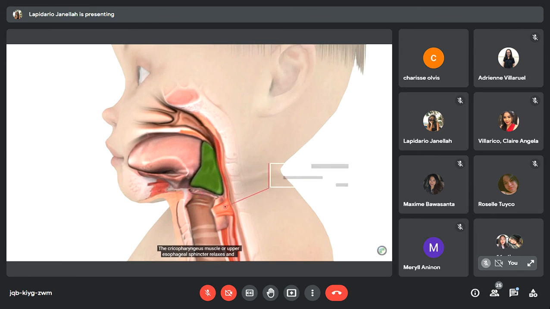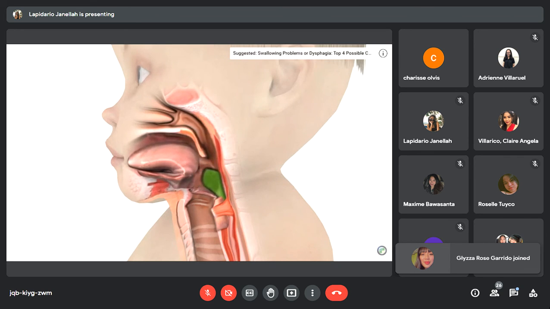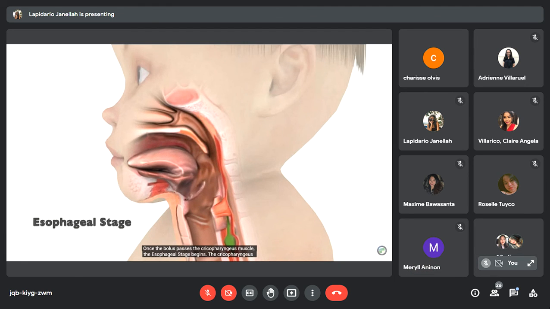The cricopharyngeus muscle, or upper esophageal sphincter, relaxes and opens to allow food and liquids to pass into the esophagus. Once the bolus passes the cricopharyngeus muscle, the esophageal stage begins. The cricopharyngeus muscle closes back up to prevent any regurgitation back up into the throat.